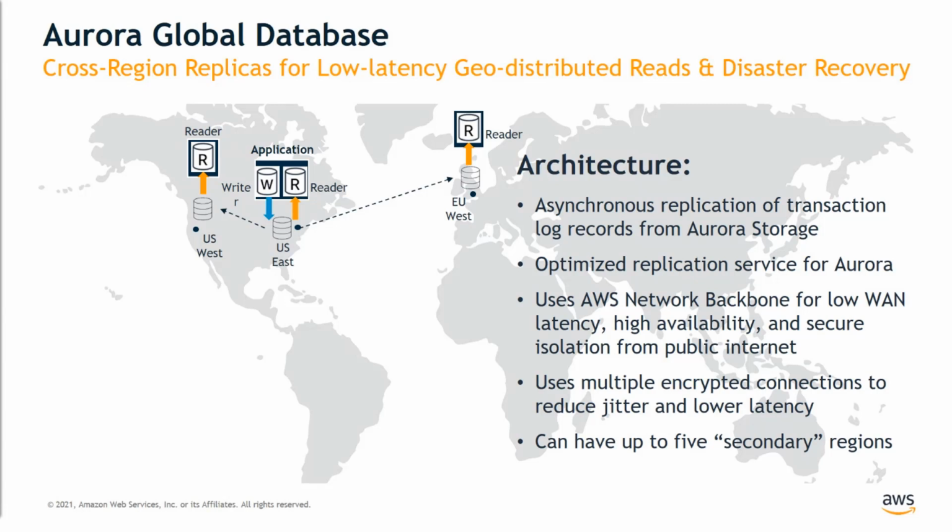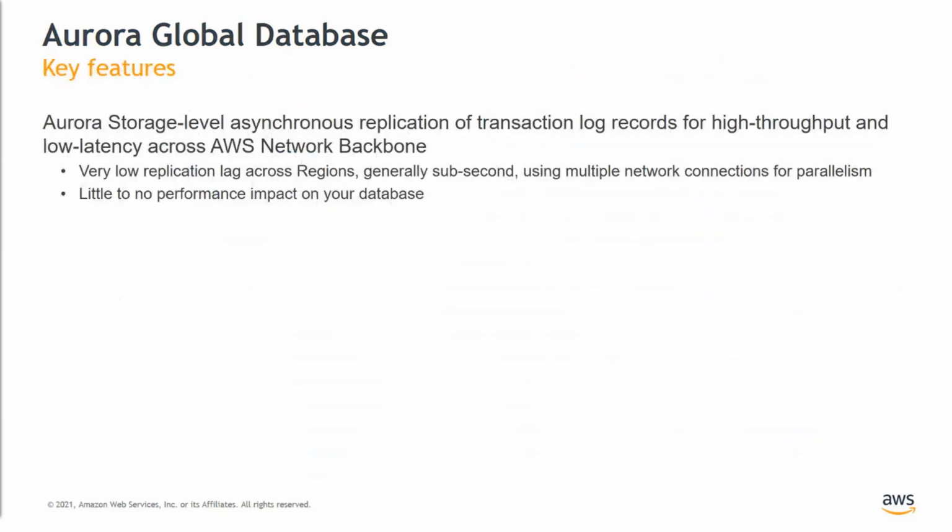It uses the AWS network backbone so that we can have super low WAN latency and high availability, as well as complete isolation from the public internet. We use encrypted connections from one region to another and multiple sessions, multiple TCP/IP connections to reduce the jitter, right, and keep the latency super low. And you can have up to 5 secondary regions for copies of your database.